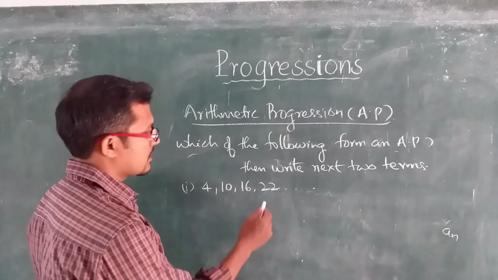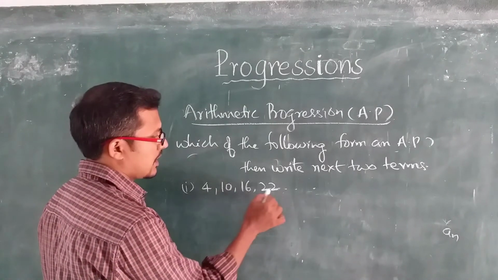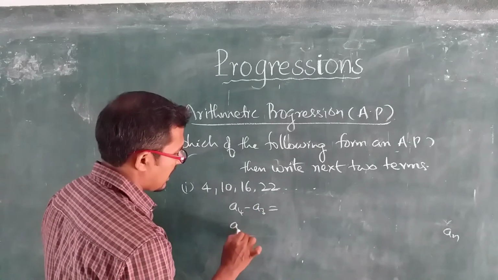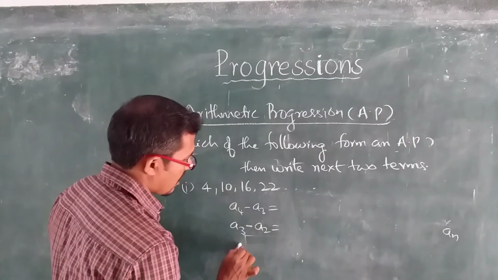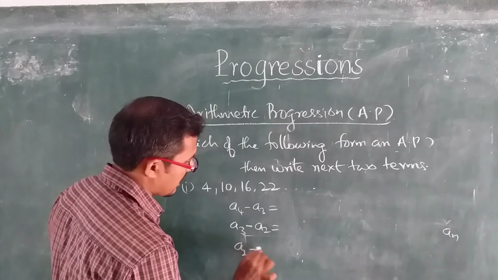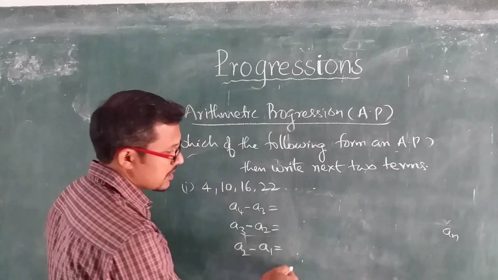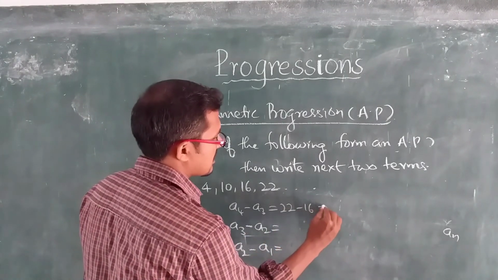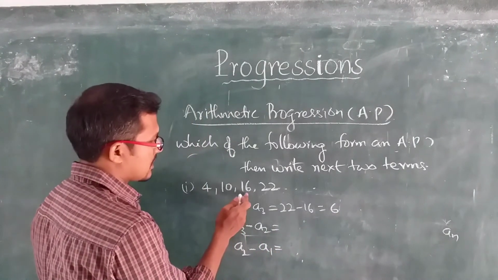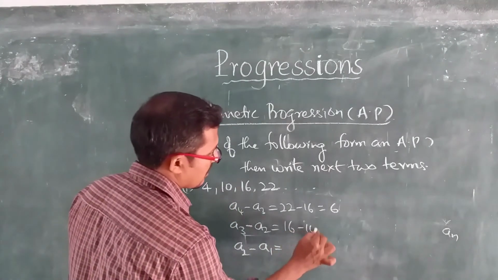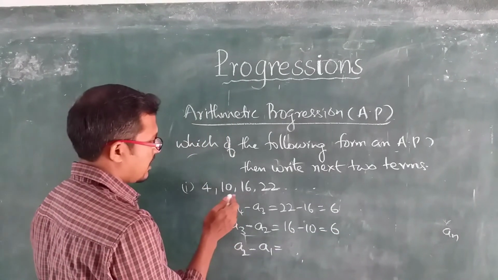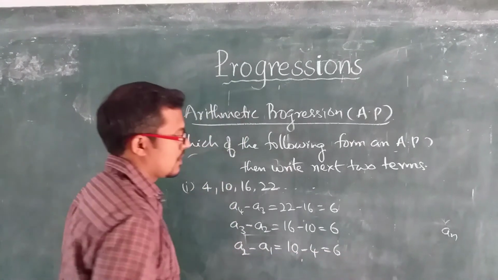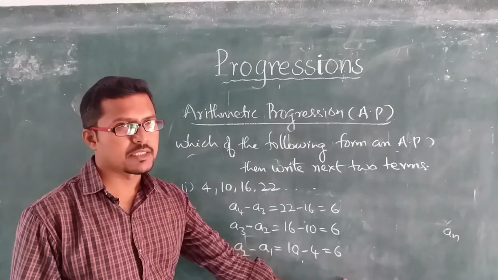For example, A4 minus A3, or A3 minus A2, or A2 minus A1 will be the same. Let us see that. A4 is 22, 22 minus 16 is 6, and 16 minus 10 is 6, and 10 minus 4 is also 6. So here the common difference is the same.